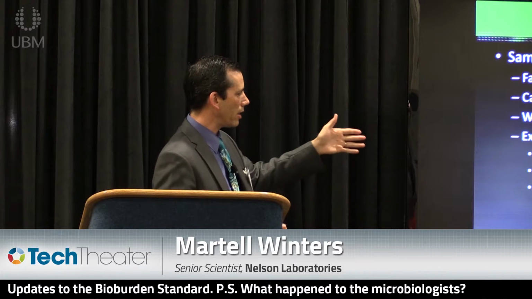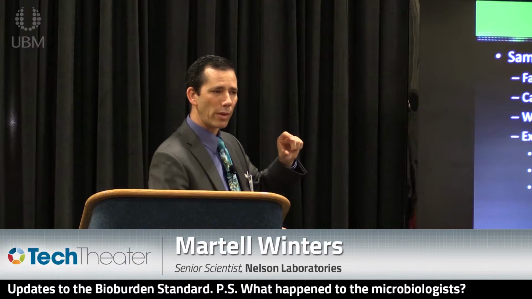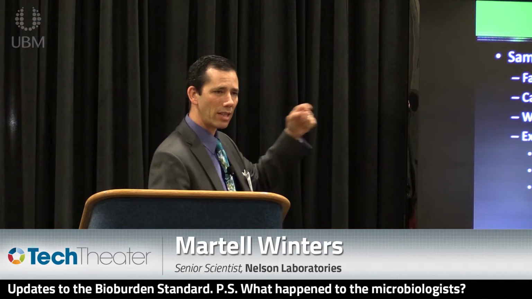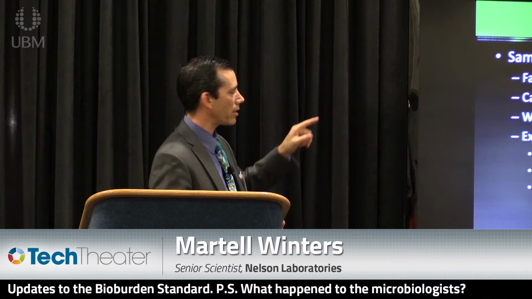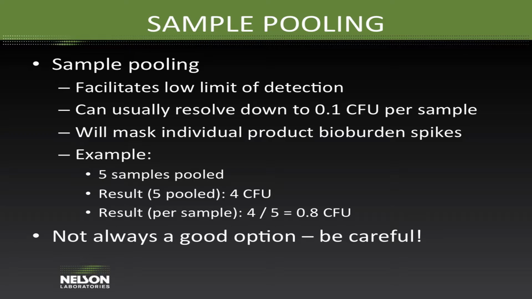But if you see 100 CFU, then it can be a big deal for you whether each sample had 20 CFU or whether one sample had 100 and the rest had zeros. So that's one of the biggest issues of sample pooling: you lose the ability to understand your bioburden variation in the sample set.